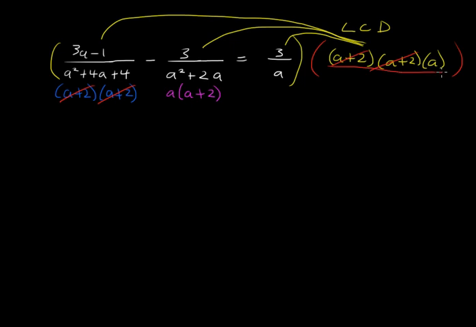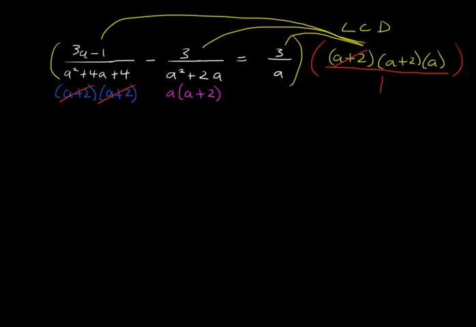And we can make this a fraction by putting it over 1, always, fraction times a fraction. So I'm going to take those away and put this over 1. So I could cancel those out, and then I'm just multiplying by a. The denominator is canceled out, the a plus 2 and a plus 2 canceled out, and so I'm just multiplying by a.